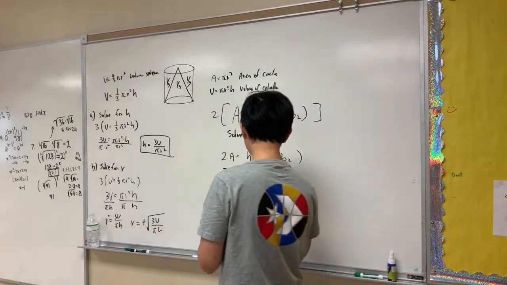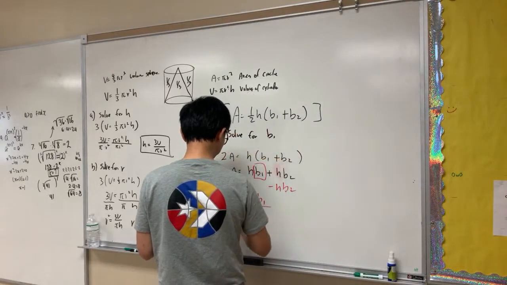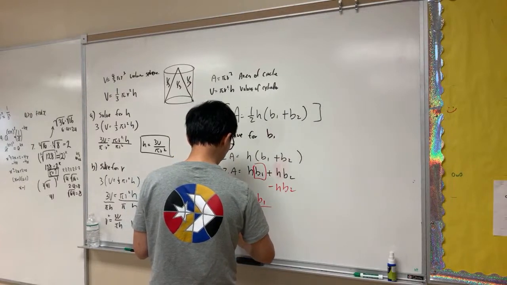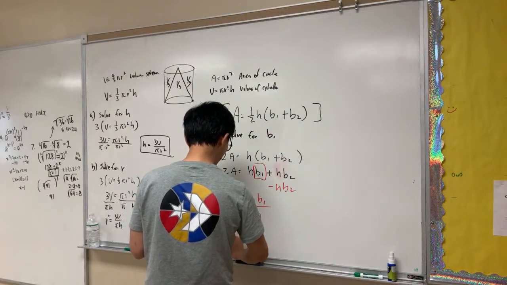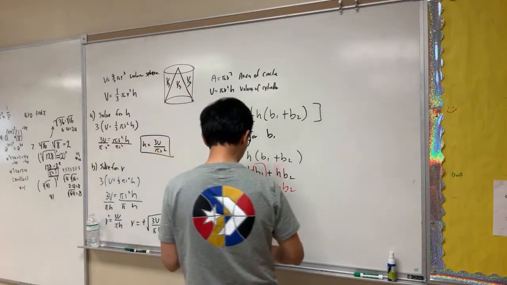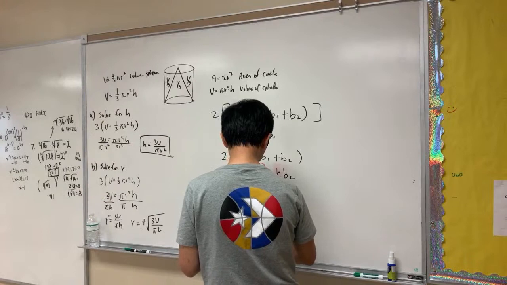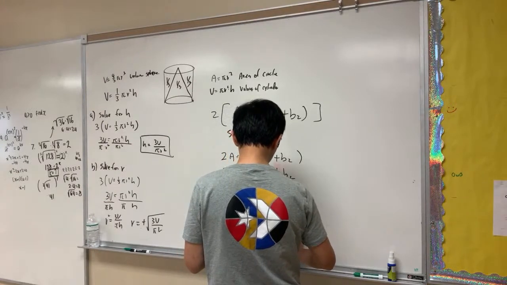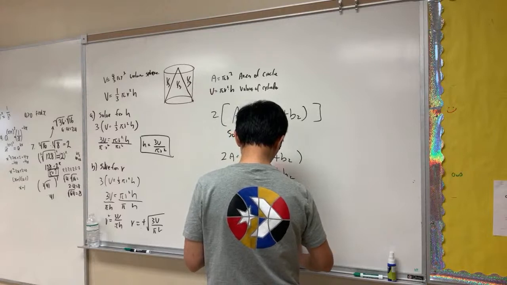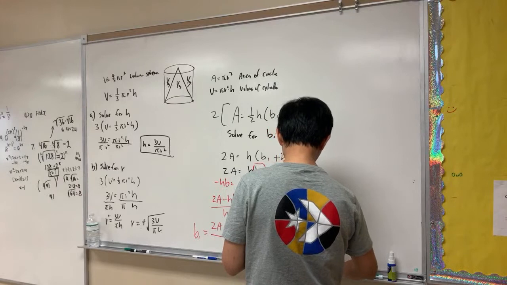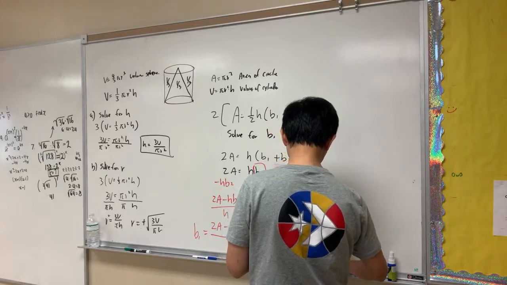I'm gonna divide both sides by h. That's gonna give you 2a minus h b2 over h, that's equal to b1. And then I'll split them: 2a over h minus h b2 over h. That's equal to 2a over h minus b2.